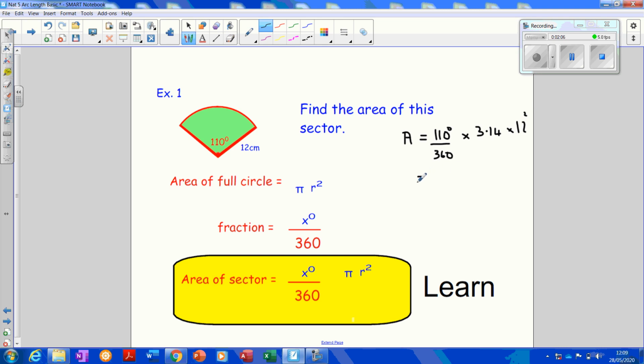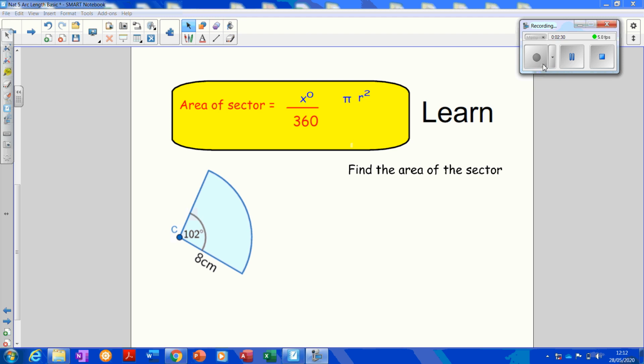Right, calculator, stick all of that into your calculator. Okay, hopefully you put it in. Right, so when you do that, you get 138.16, and it would be measured in centimetres, and area is centimetres squared. Okay, so that's that wee example done. That's the formula that you must learn.